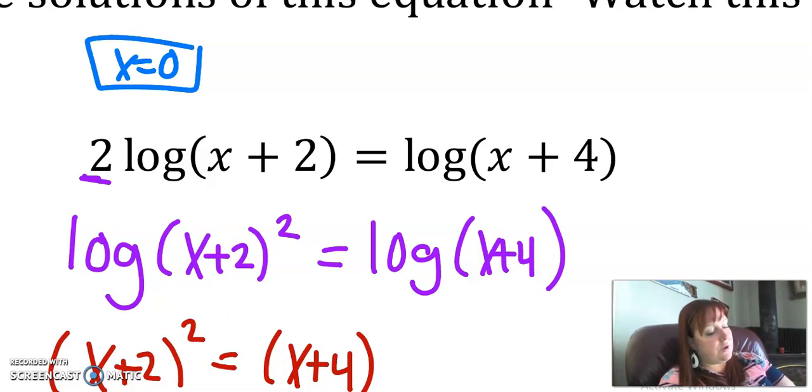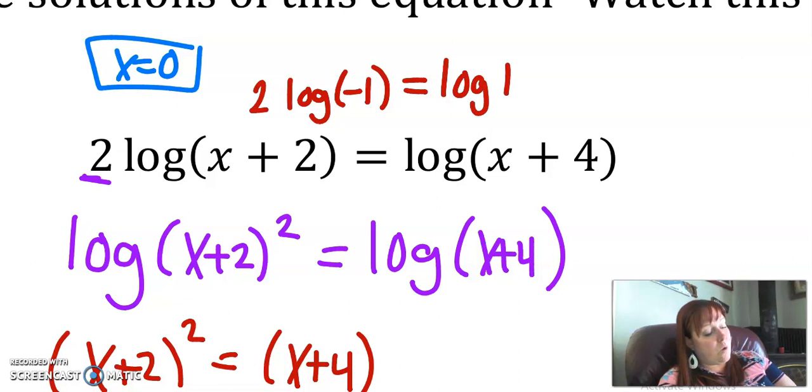Now let's check negative 3. So we have 2 log of negative 1 equals log of 1. Uh-oh! We have a negative as an argument, and we can't have a negative as an argument. Now, if you came down and plugged it into this one, you would have gotten something that works. But here's the problem. The reason we check for extraneous solutions is because sometimes we do so much algebra that we really mess up the problem.